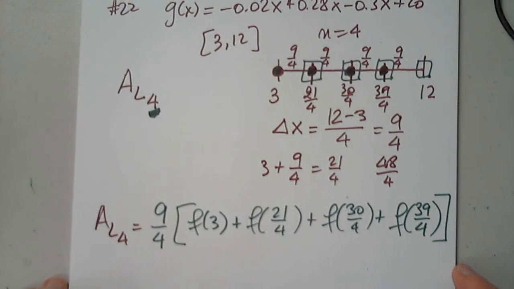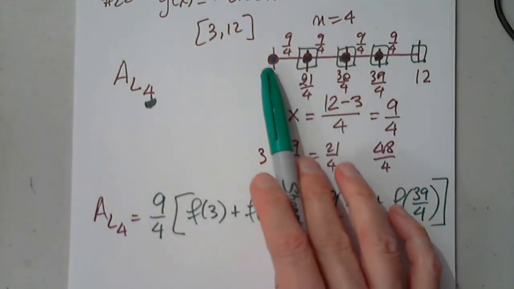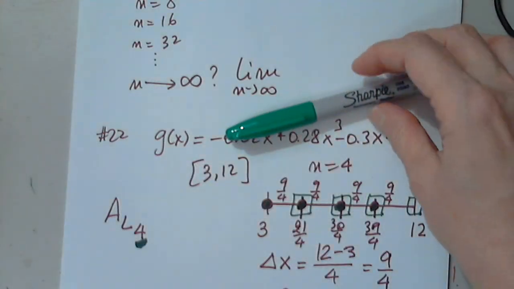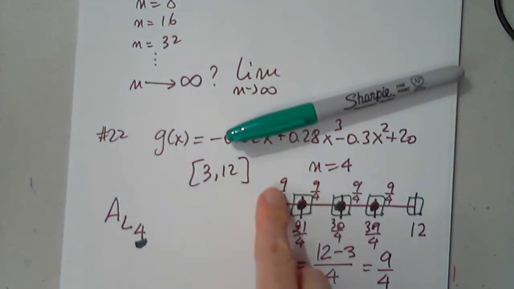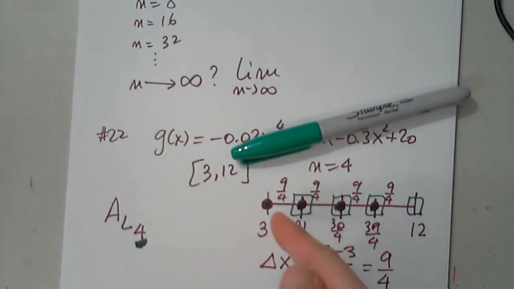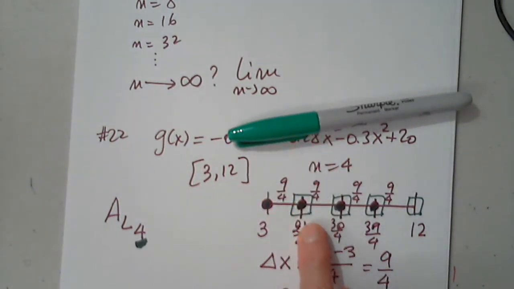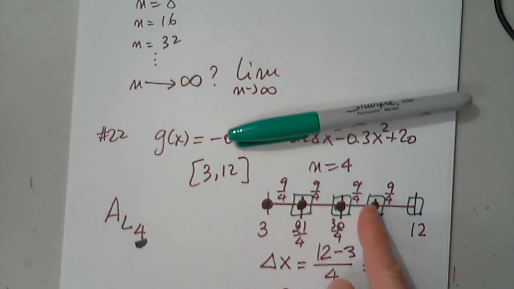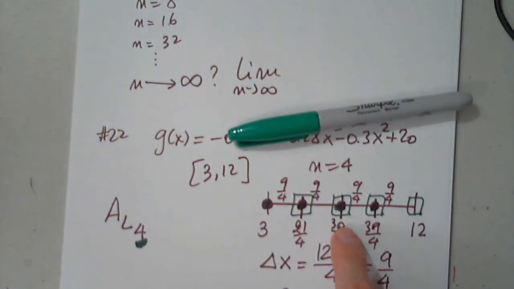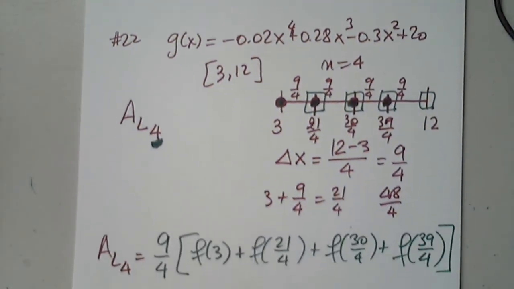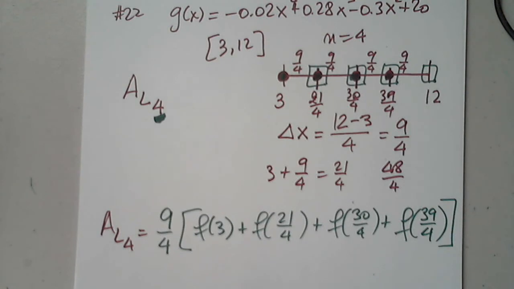And that will be our approximation of the area. I don't even know where the graph is. Whatever the graph is doing, I don't care. Base times height till the graph, which is f of 3, plus base times height at 21/4, plus base times height at 30/4, plus base times height at 39/4. So now how do I find this?